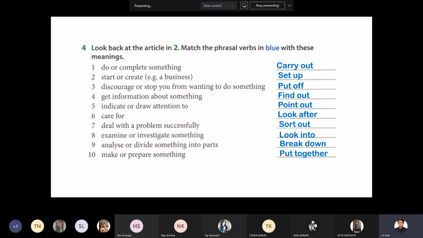Okay, I would like to translate some words for you. Prepare, analyze, divide, examine, investigate, and indicate.